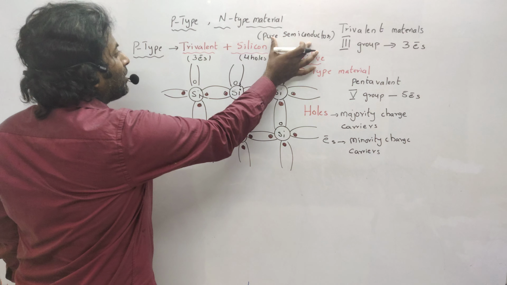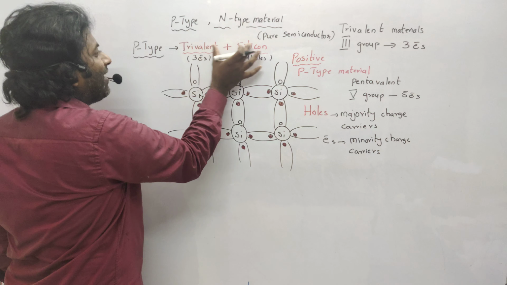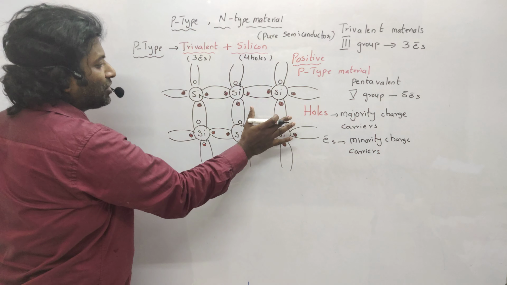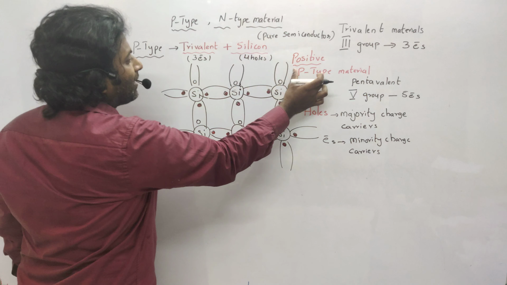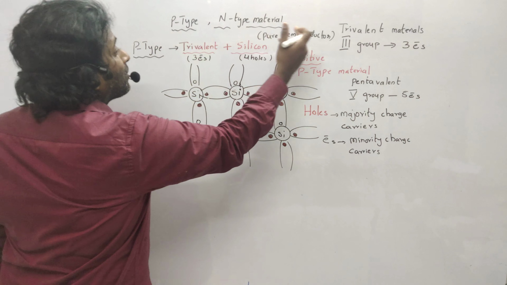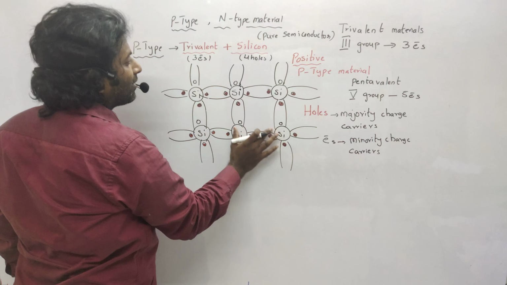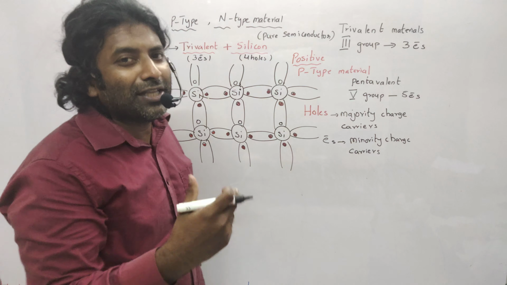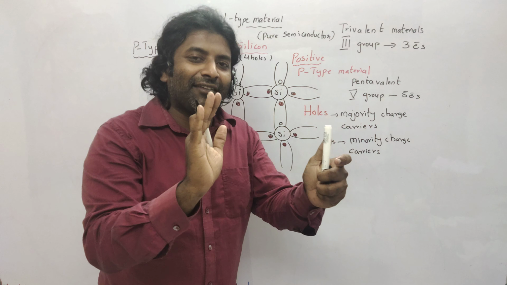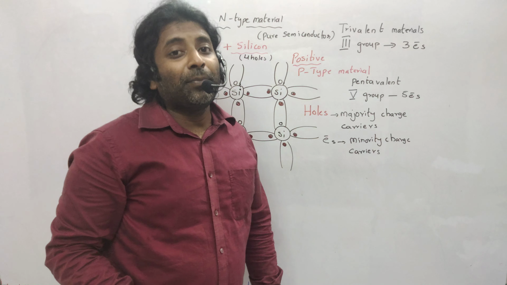So silicon is the purest form of semiconductor. Now trivalent is added. Now which type of semiconductor is found? P-type semiconductor is formed. And this is not a pure form of semiconductor. The pure form of semiconductor is only silicon. But when we add a trivalent, it cannot be a pure semiconductor.